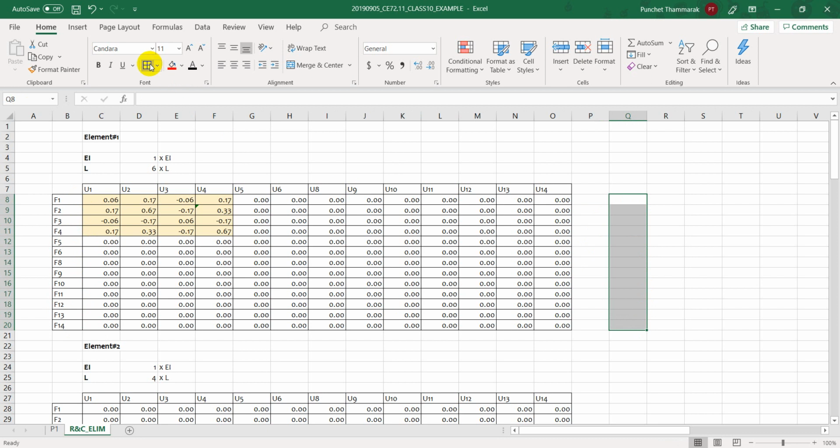The thing that I'm going to construct over here will be the fixed end reaction.